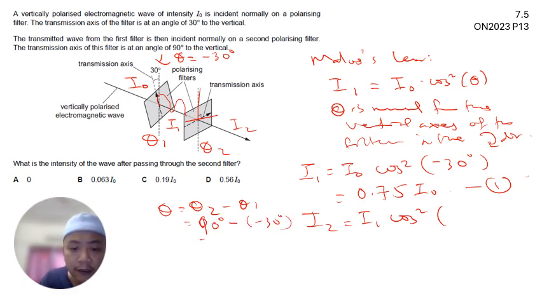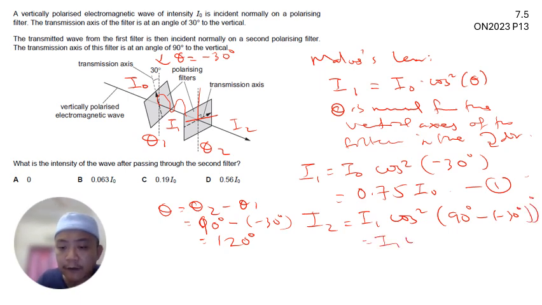So here you get 120 degrees as the angle between the wave and the second polarizing filter, 90 minus minus 30 degrees. So here you'll get I1 cos squared 120 degrees, which gives 0.25 I1.